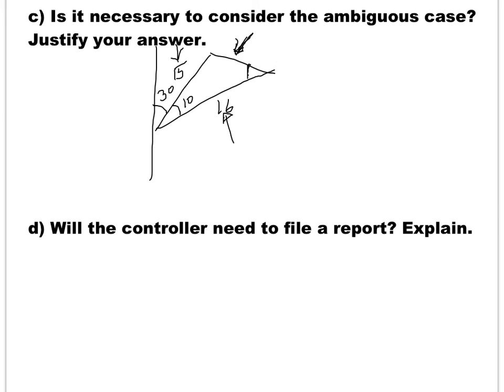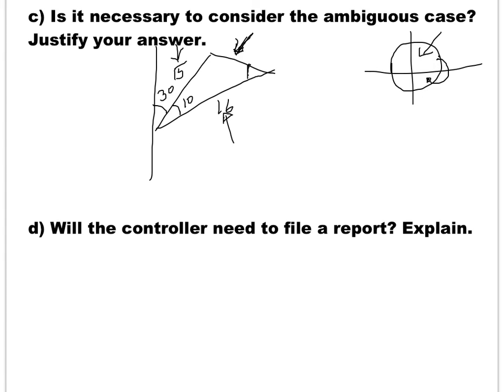Remember, cosine law can be used without any ambiguous cases, because if we look at the unit circle, the cosine is positive here. The other possibility for cosine to be positive is going to be in the fourth quadrant.